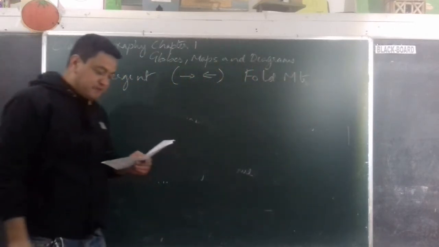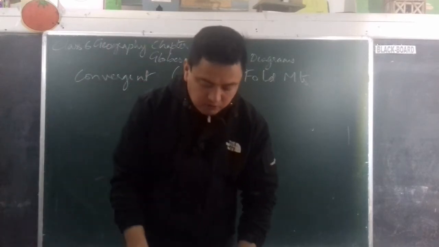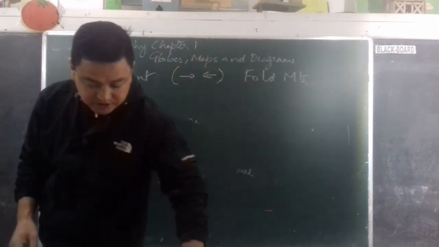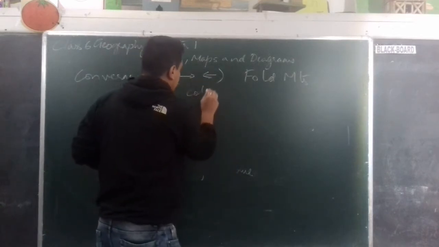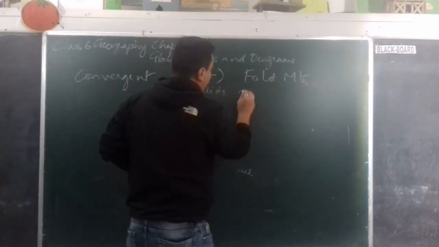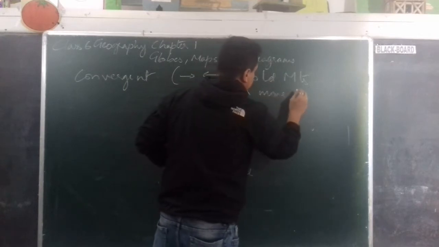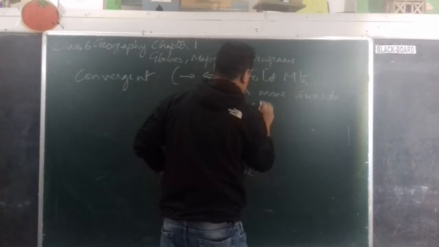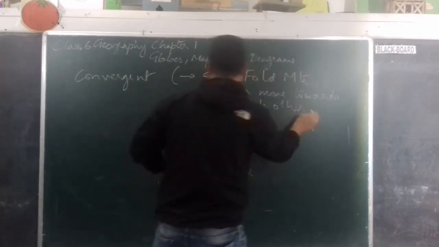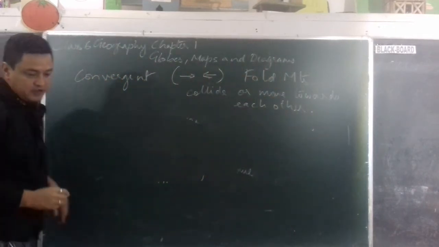This process happens when the two plates collide, C-O-L-L-I-D-E, or move towards each other. Now another one is divergent movement.